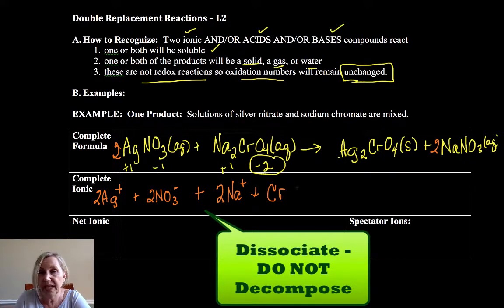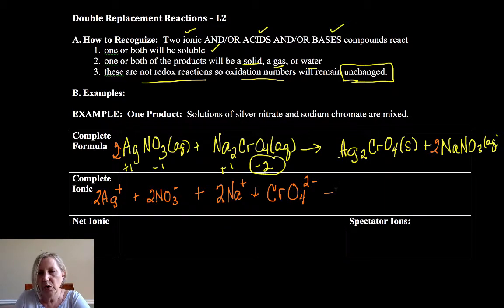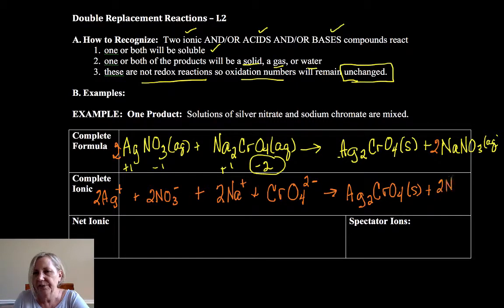It's what happens with aqueous: water surrounds your ions, and the chromate ion too. Do not dissociate your solids, gases, and liquids. So I'm going to keep that together, and in fact, sometimes I really like to keep that state there as a reminder to myself, don't dissociate your solids.